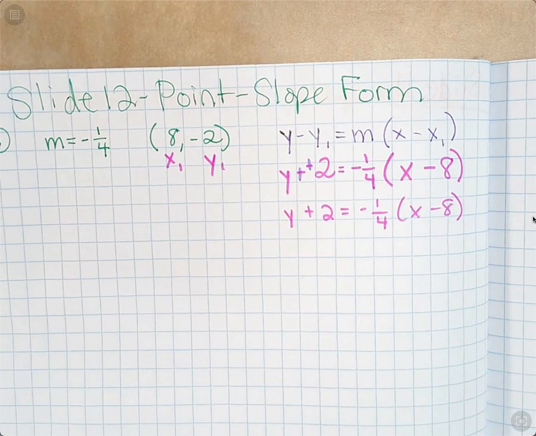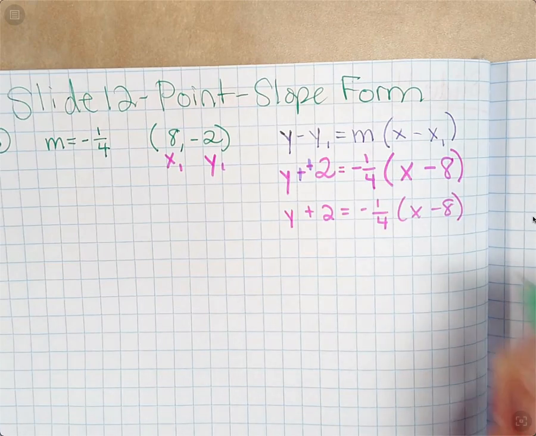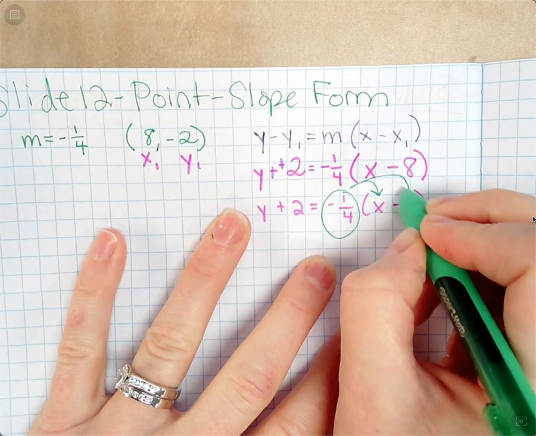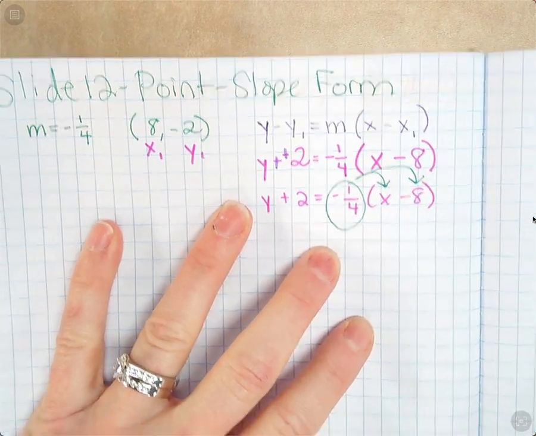Okay, so we need to get rid of the parentheses by distributing. So I'm going to take this -1/4 and multiply it times x and times the -8.